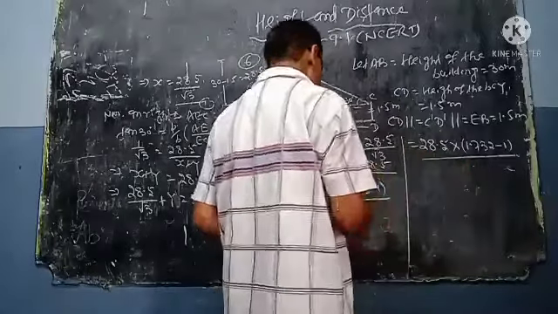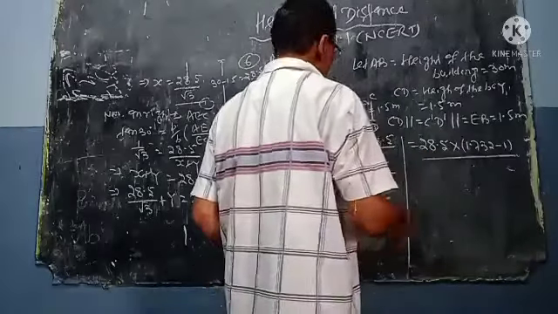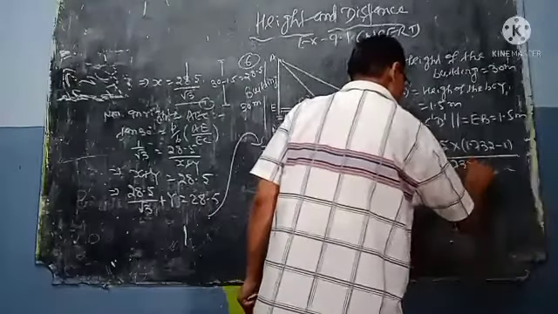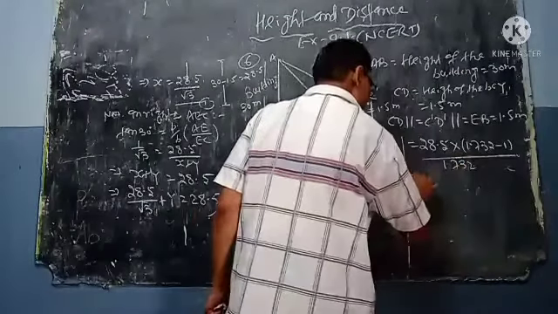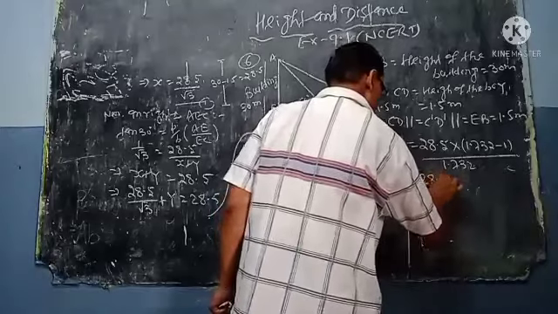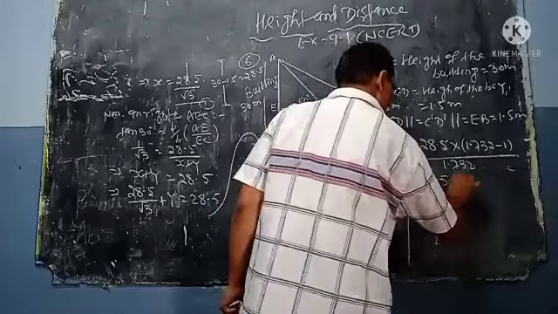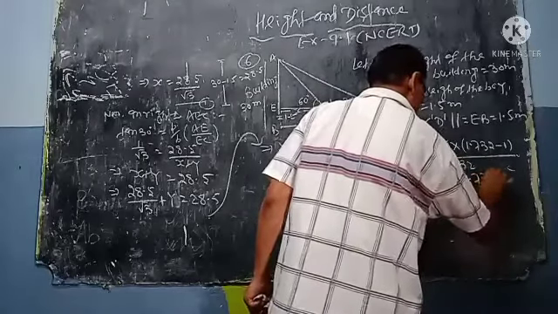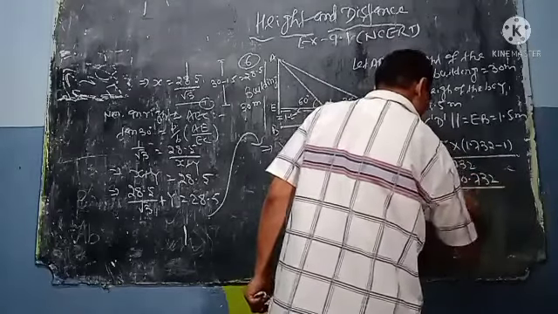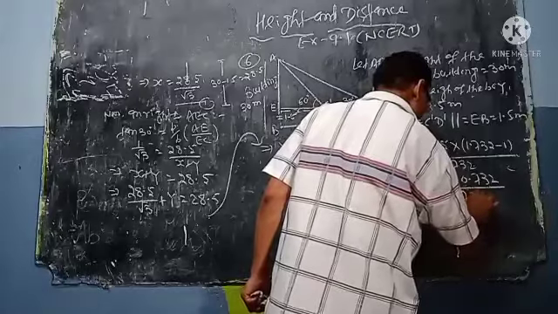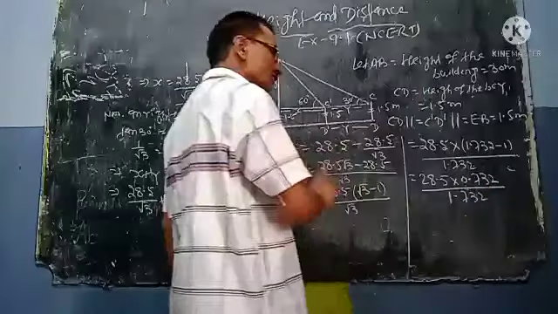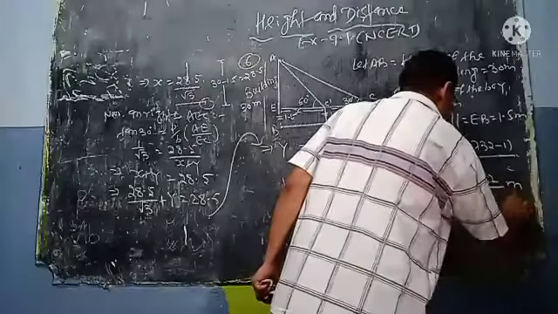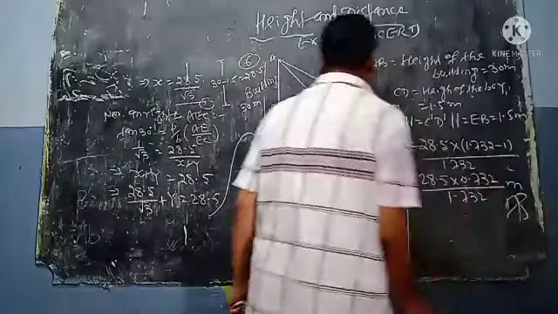Otherwise, without putting the value you can find this value, but okay. So this will be 28.5 multiplied by 0.732 by 1.732. After reducing this part we can find our final answer.